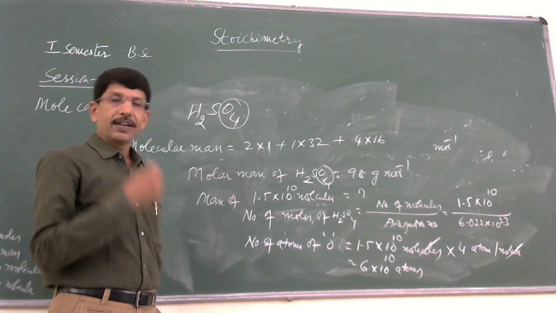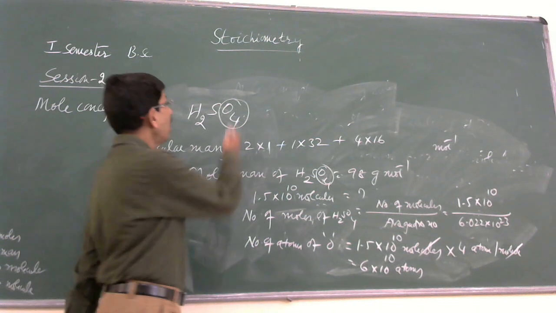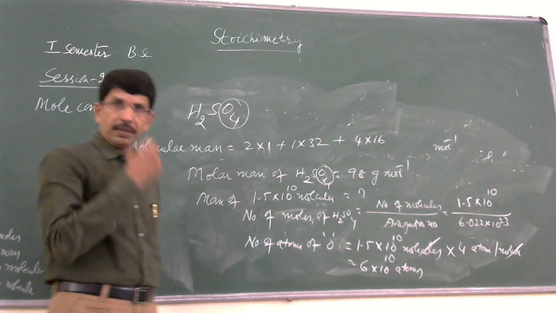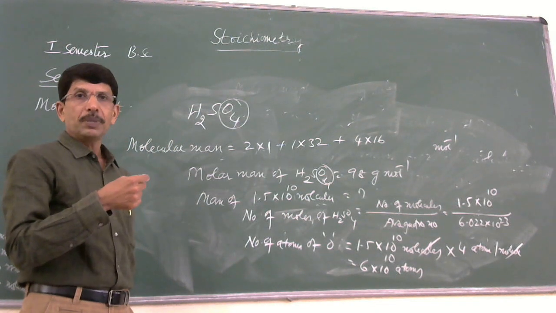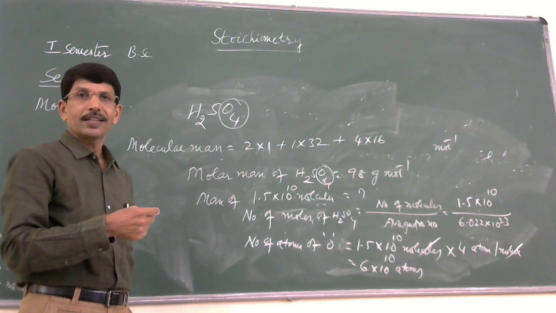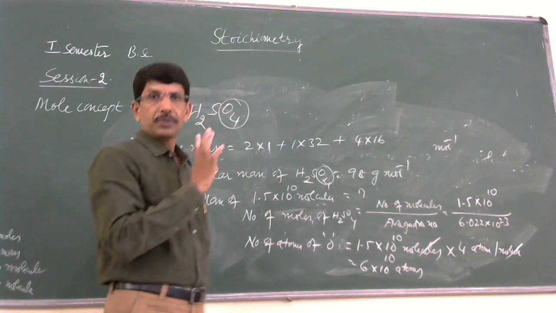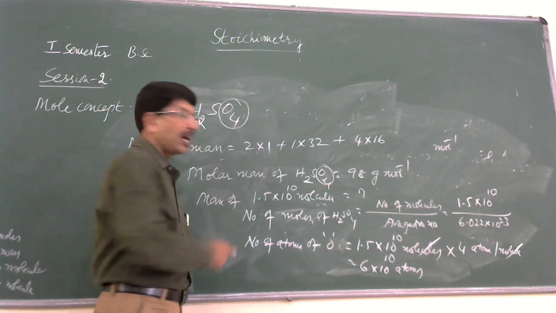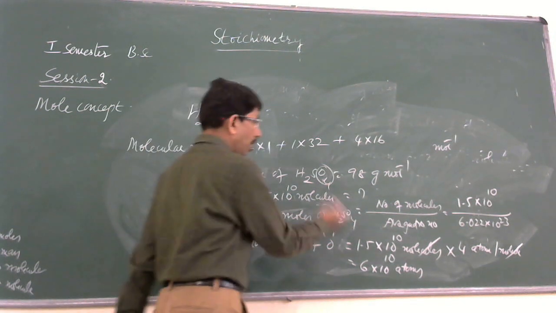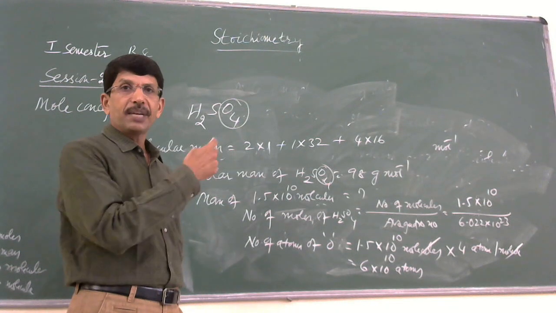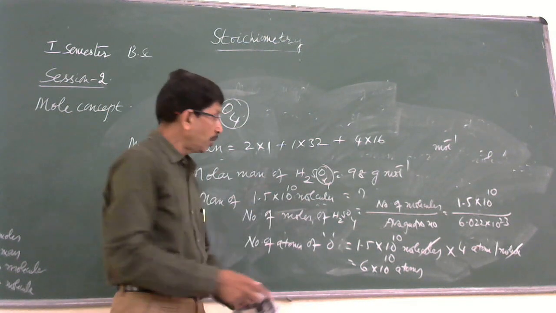We can also calculate how many moles of oxygen atoms are present in so many molecules. See, the problem can be tackled in whatever form it is asked if you have a clear understanding of the concept. Now I change it. Instead of asking the number of atoms of oxygen in so many molecules, I can also ask how many moles of oxygen atoms are present in so many molecules. How do we do that?